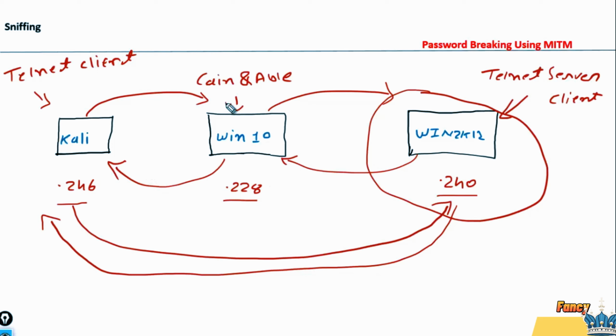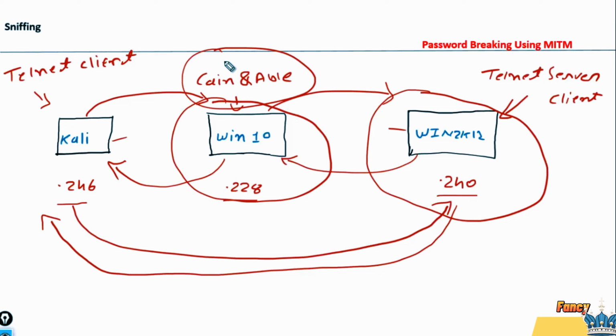So this machine will work as the man in the middle, and this machine gathers information of Kali Linux and Win2K12. So in this video, I will show you how you can gather password information using Cain and Abel software.